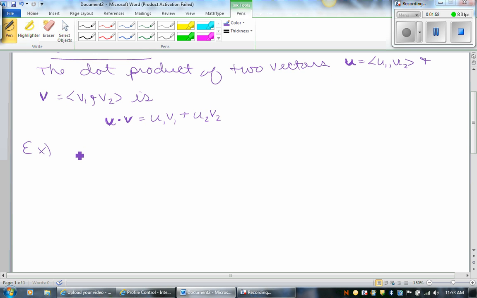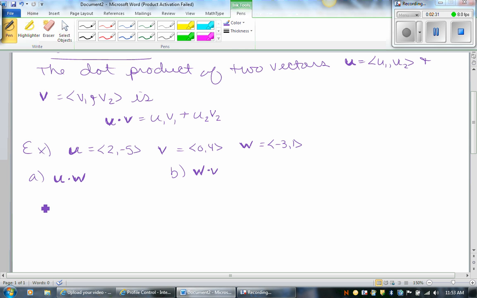We're going to find the indicated dot product. We've got vector U, which is 2, negative 5, and vector V, which is 0, 4. And then lastly, vector W, negative 3, 1. First one we're going to find is U dot W. And then we're going to find W dot V. Okay.